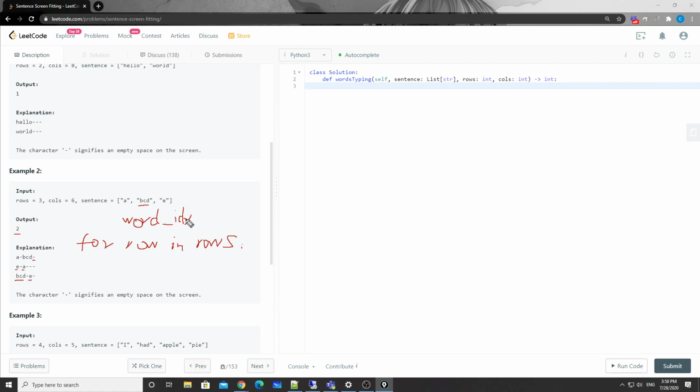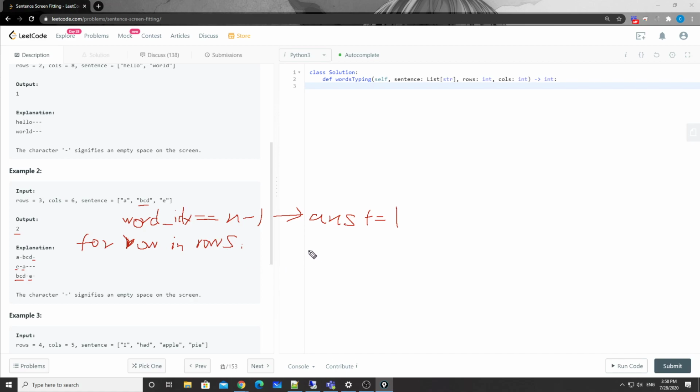Once we reach the end of the sentence, we start over from the beginning. Every time the word index is equal to n minus one, we do answer plus 1. In the end, we simply return the answer.